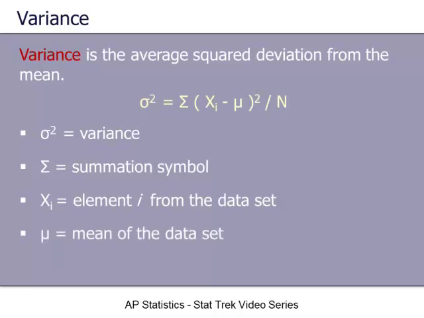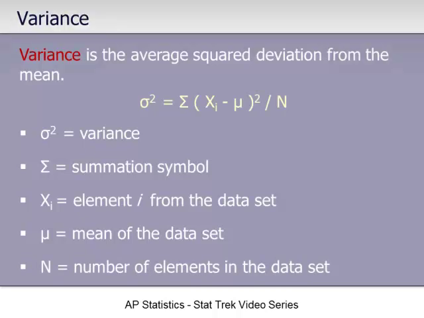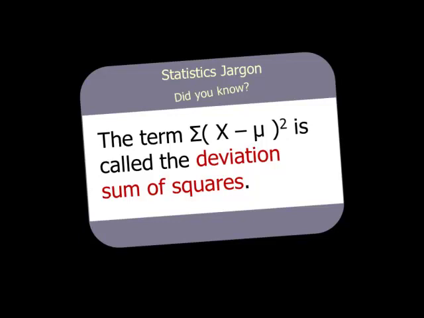Mu is the mean of the dataset. And n represents the number of elements in the dataset. The term sigma (x minus mu) all squared is called the deviation sum of squares. We saw this term in the formula for variance, and it shows up in other formulas in statistics.